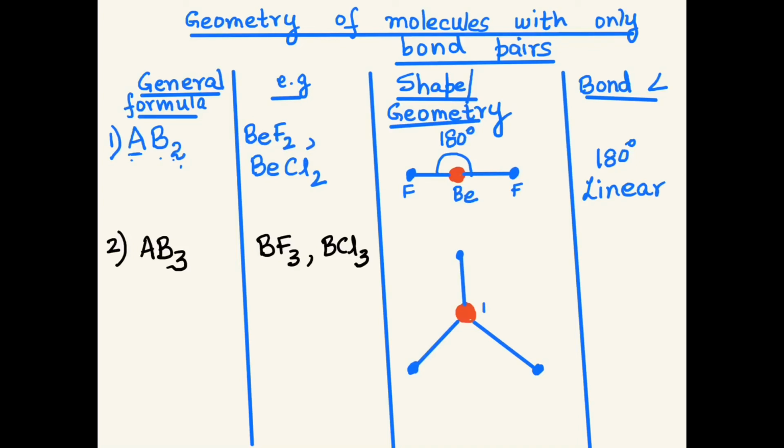So we've got boron in the center, fluorine, fluorine, fluorine. Now, you can add as many other molecules as you come across. You can make these columns bigger as well to suit your study and the curriculum that you are studying. These are some of the examples that I am taking.